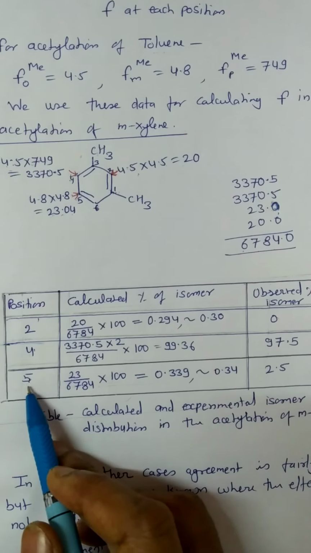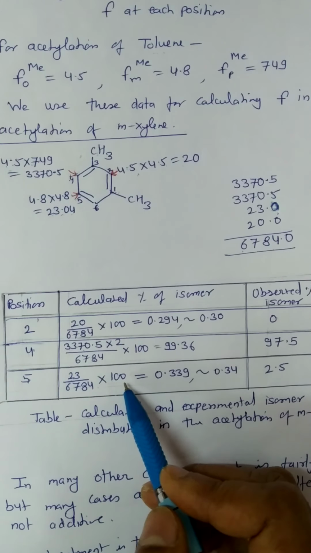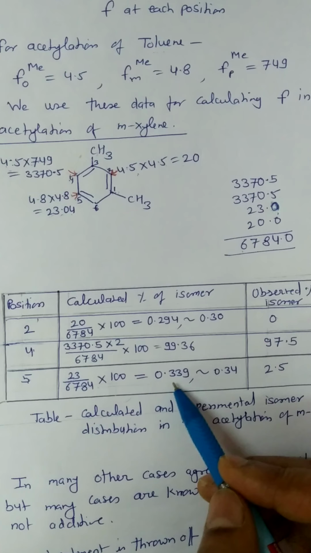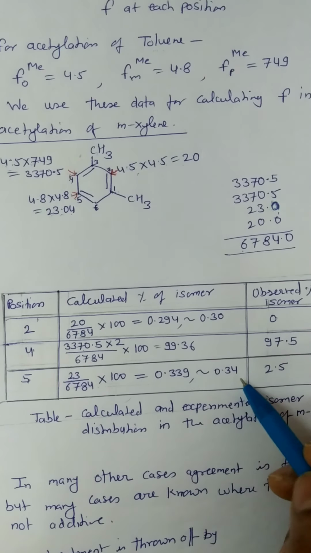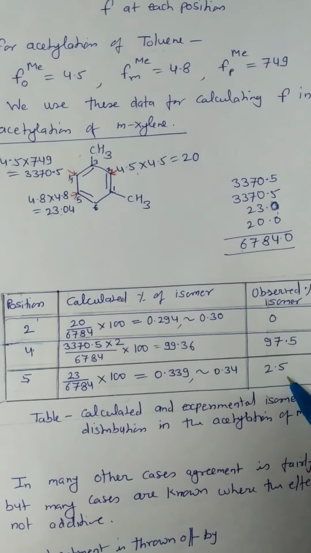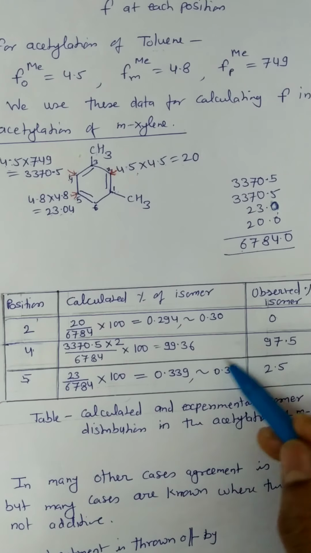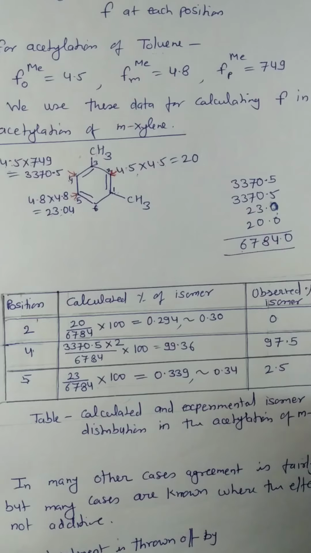And at position 5, 23 upon 6.7 at 4 into 100 equals 0.339, that is in round figure 0.34, and the experimental value is 2.5. Here the experimental value is more than the calculated value due to some reasons.